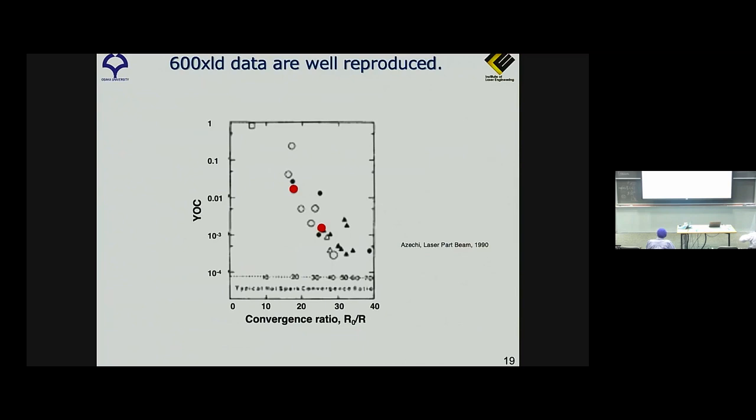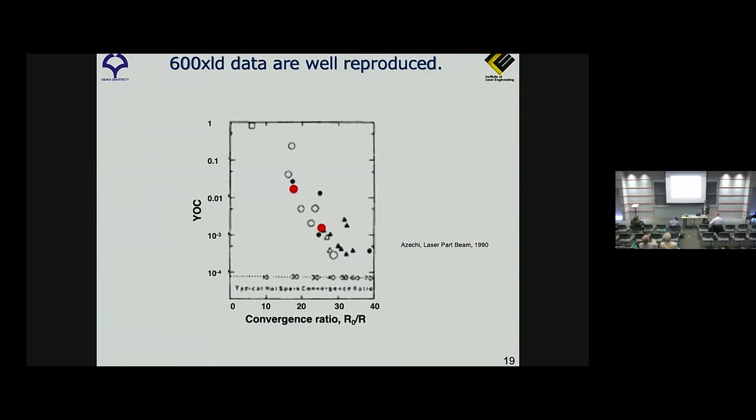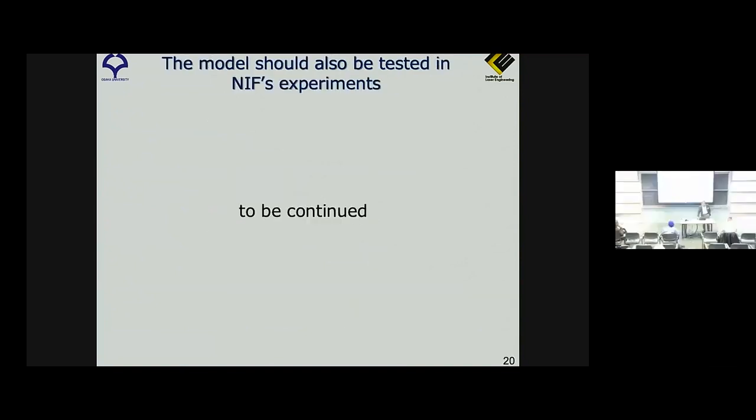So YOC as a function of convergence ratio: at lower convergence ratio, the YOC is around 0.1, whereas at a convergence ratio of 30 or so, that is almost 1,000. So the next step, this model should also be tested in Riff's recent and previous experiment, which is to be continued.